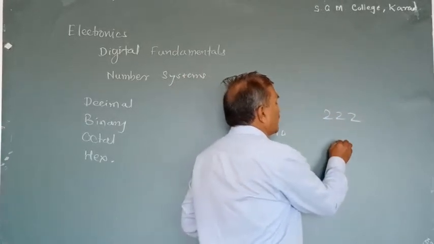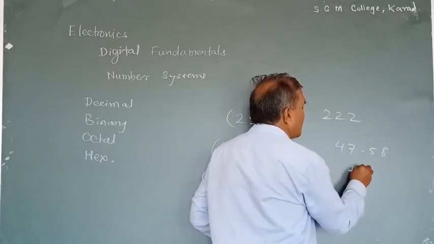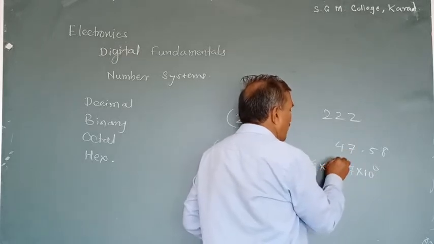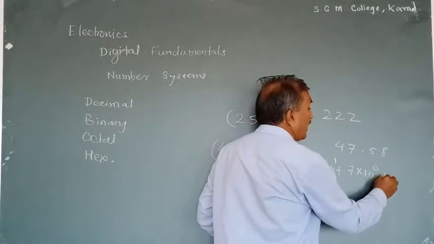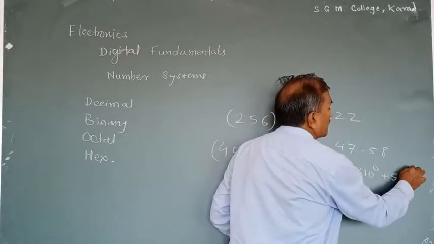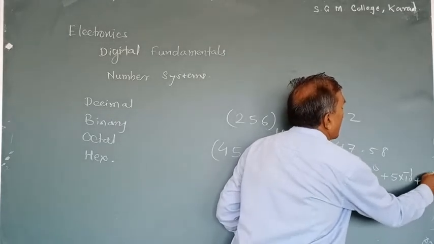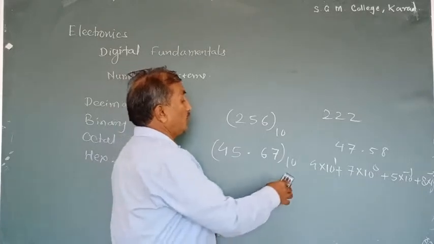Even for a fractional number, suppose 47.58. The 7 has positional weight 7 into 10 raised to 0. The 4 has positional weight 4 into 10 raised to 1. The 5 has positional weight 5 into 10 raised to minus 1. The 8 has positional weight 8 into 10 raised to minus 2. In this way, every digit has a positional weight.